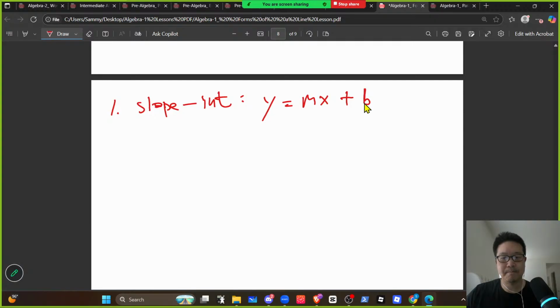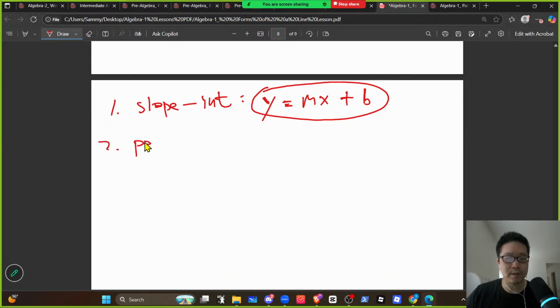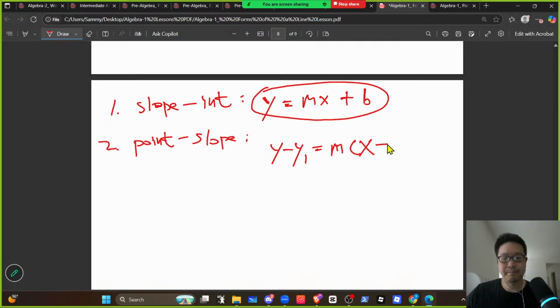This is one of the most fundamental equations there is in algebra. And second, what about the point-slope form? y minus y sub 1 equals m times the quantity x minus x sub 1.